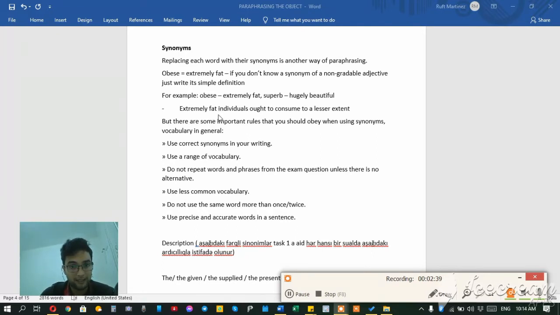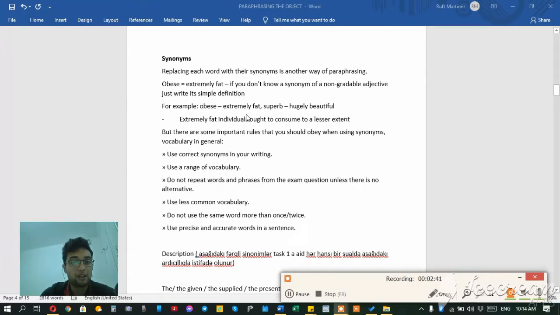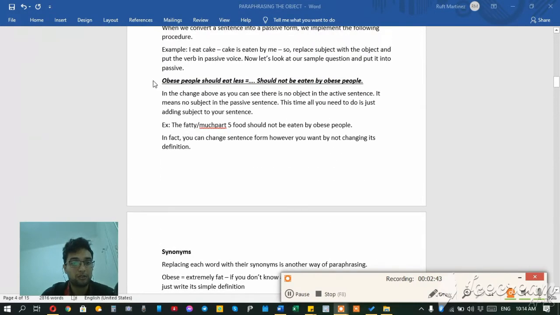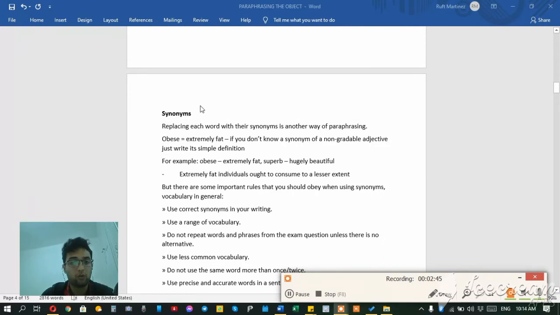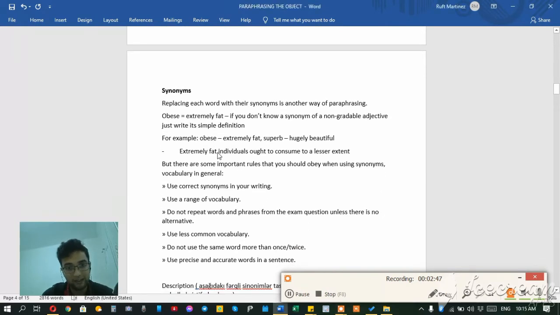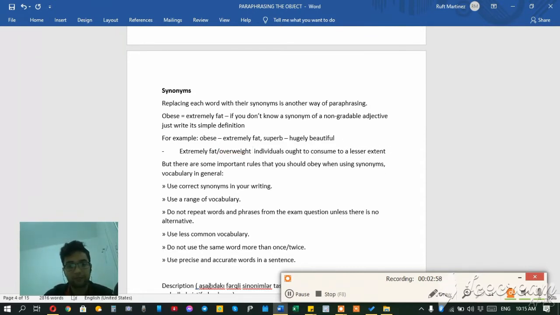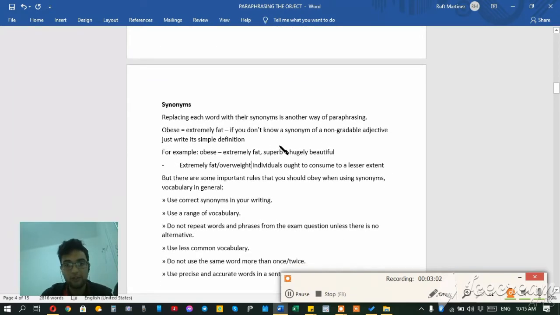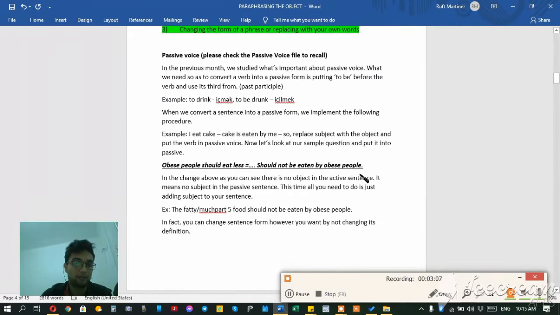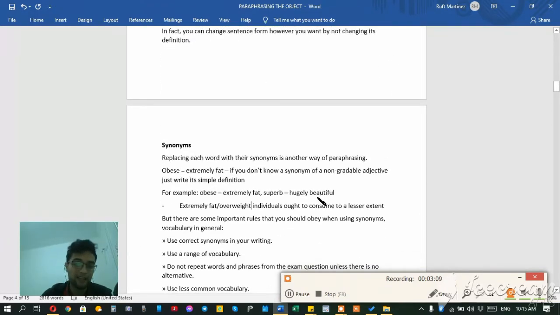Extremely fat individuals, which means obese people, or you can say overweight individuals. Ought to is a synonym of should. Consume to a lesser extent: eat is consume, less is to a lesser extent.